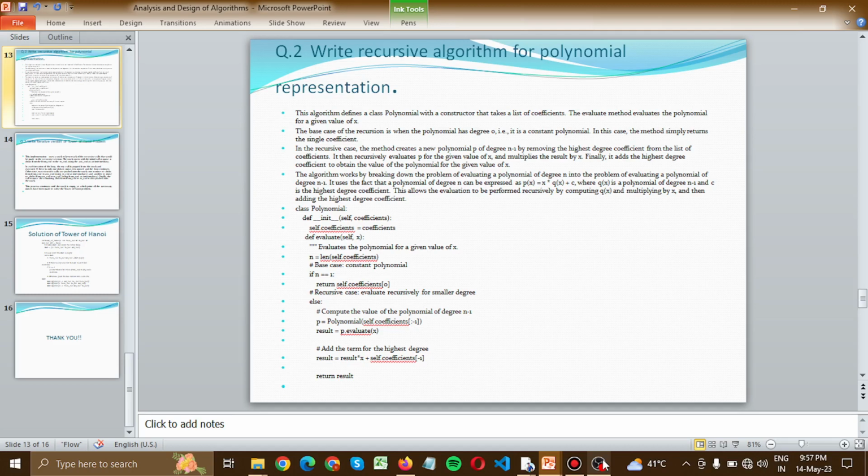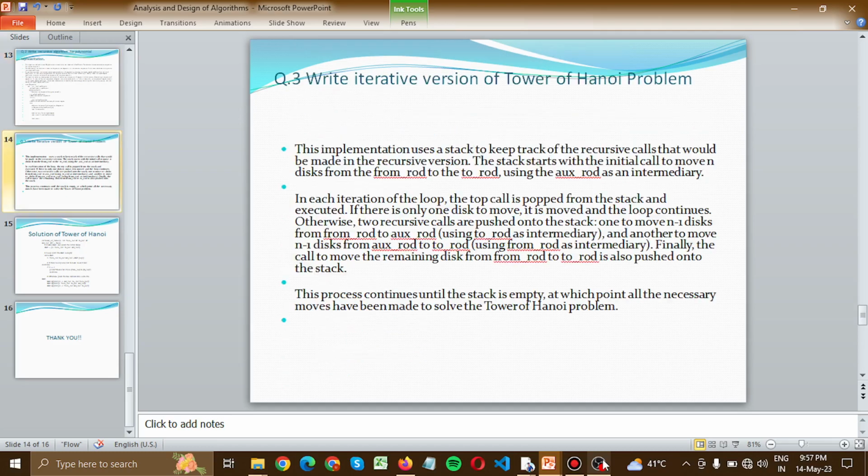This allows the evaluation to be performed recursively by computing q(x), multiplying by x, and then adding the highest degree coefficient. Then this is the algorithm in which we can find the recursive polynomial representation.